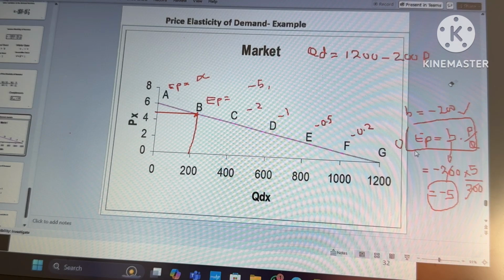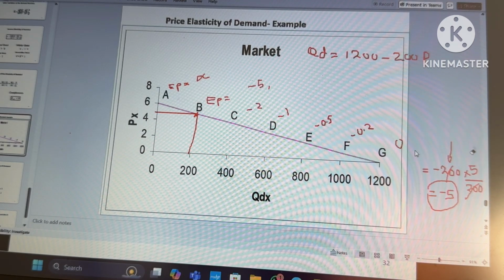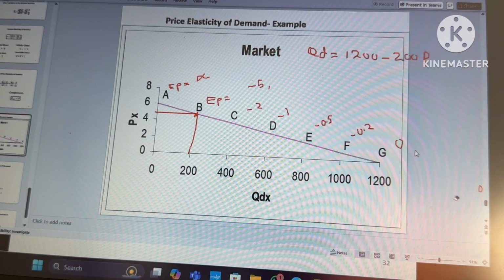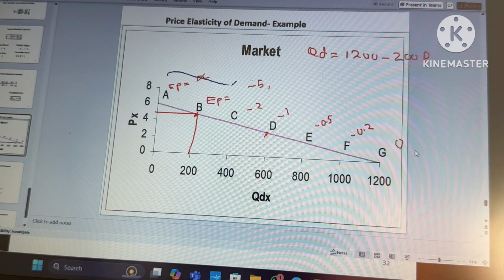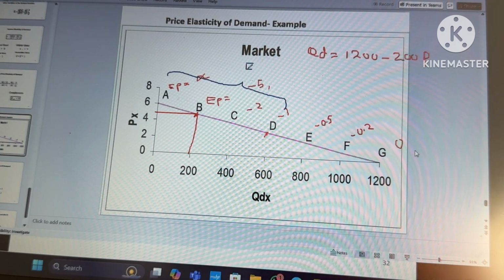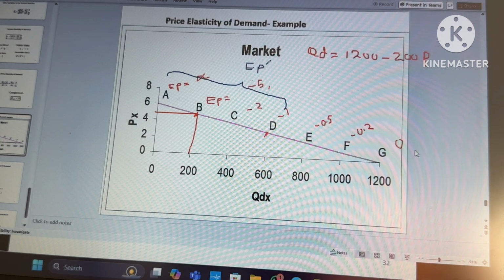So what I wanted to highlight here, the midpoint, exactly the midpoint of this demand curve is point D, right? So above the midpoint, this part, elasticity in absolute terms, this is how you can put it. Absolute means without taking the sign into account, elasticity is greater than 1.